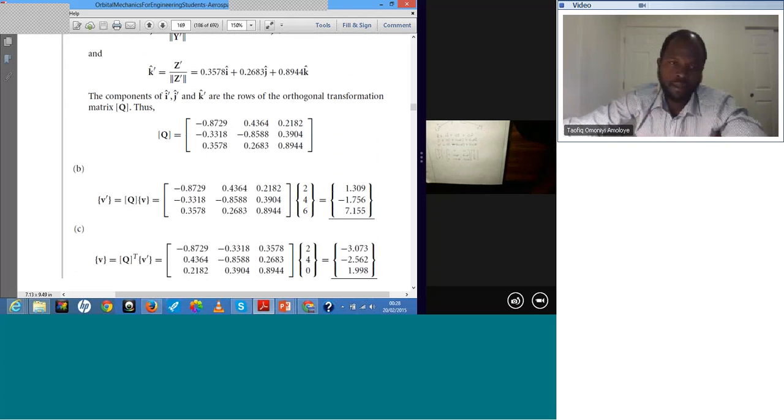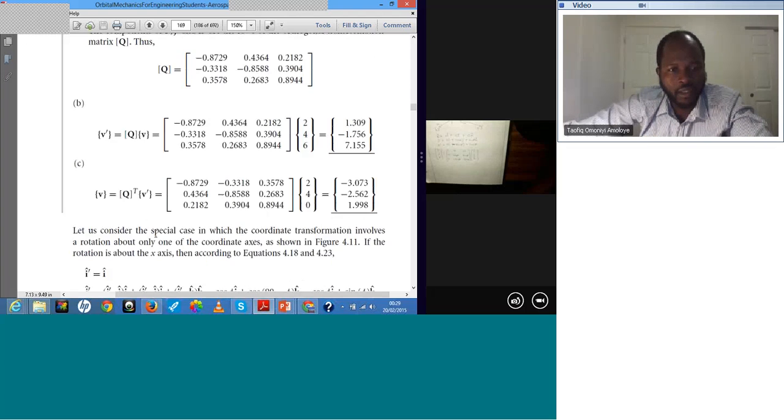Then the second part says you have a vector expressed by its components in the unprimed system, and we want to find it in the primed system. So we have the transformation matrix. All we have to do is the product of the transformation matrix and the vector. So we have V prime then.